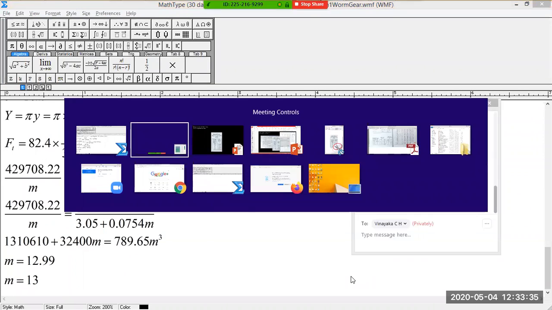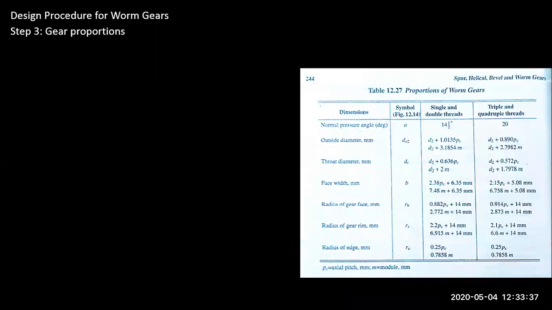Once we have found the module, let's go to the next step. The next step is the proportions. That is the gear parameters. So you also find the key dimensions of both worm and worm gear. So let's say for worm, we'll find the diameter D1.